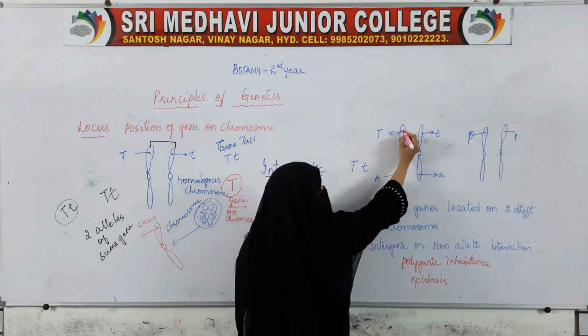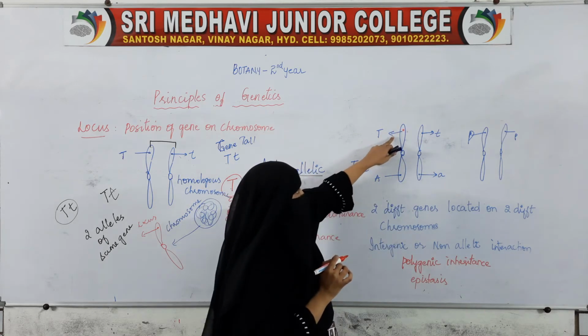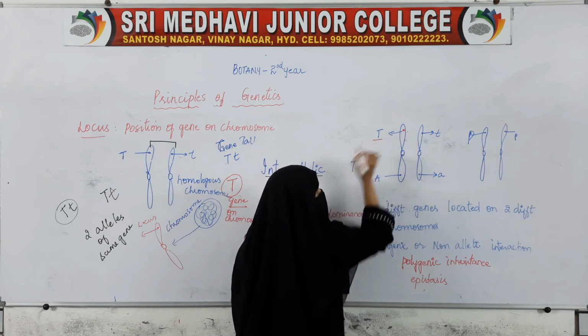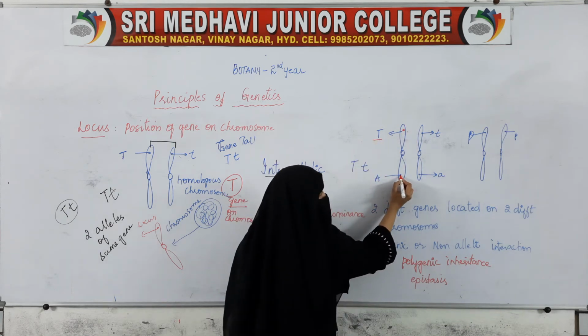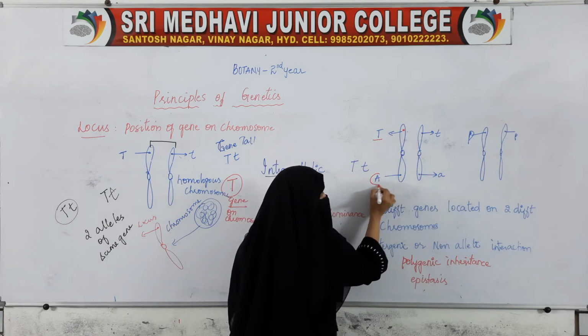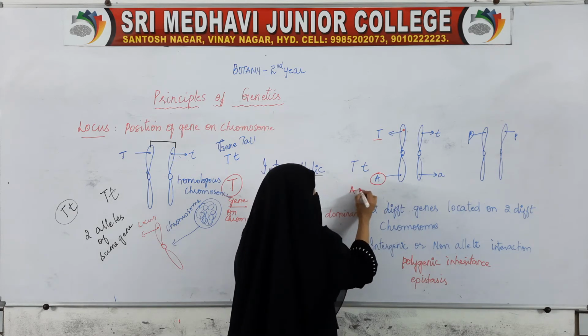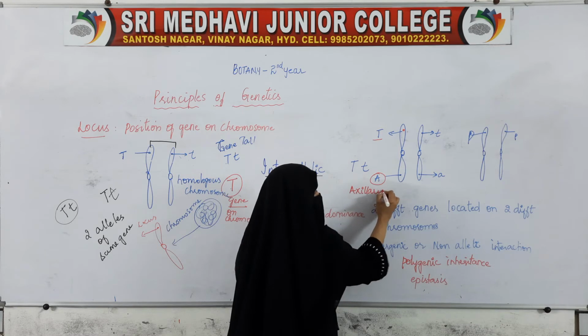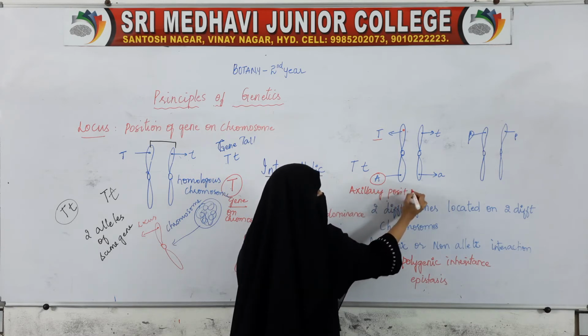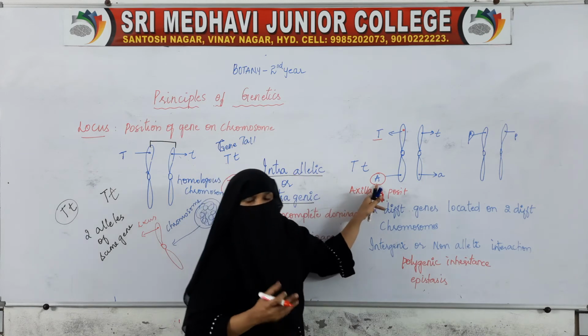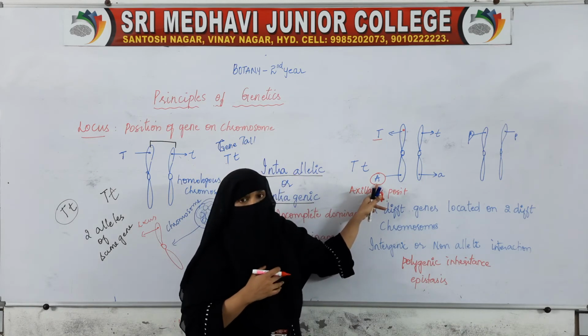Here on the upper arm we have the locus for the tallness gene, and on the lower arm, the locus for a gene which shows axillary position of flower. Because of this gene, the plant will produce axillary flowers.